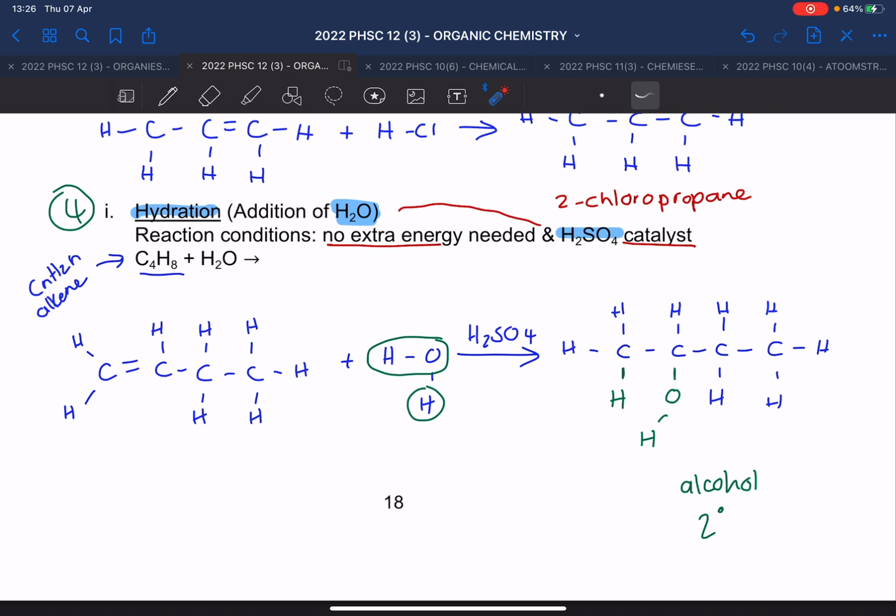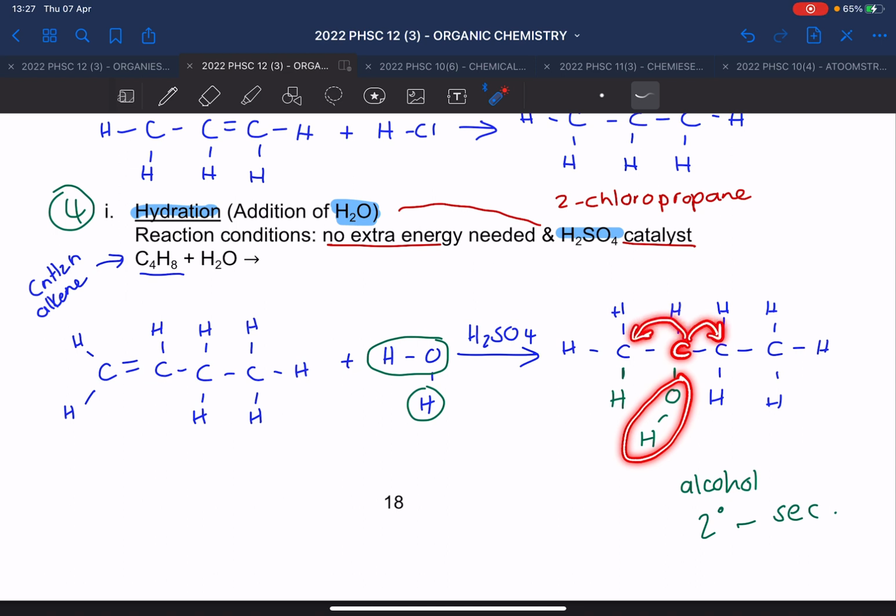Ma'am, it's because you see the 2 degrees. 2 degrees. This just means that it's secondary. I stated this over and over and over. Lapelo, the alcohol: the carbon that's connected to the OH is attached to other carbons.